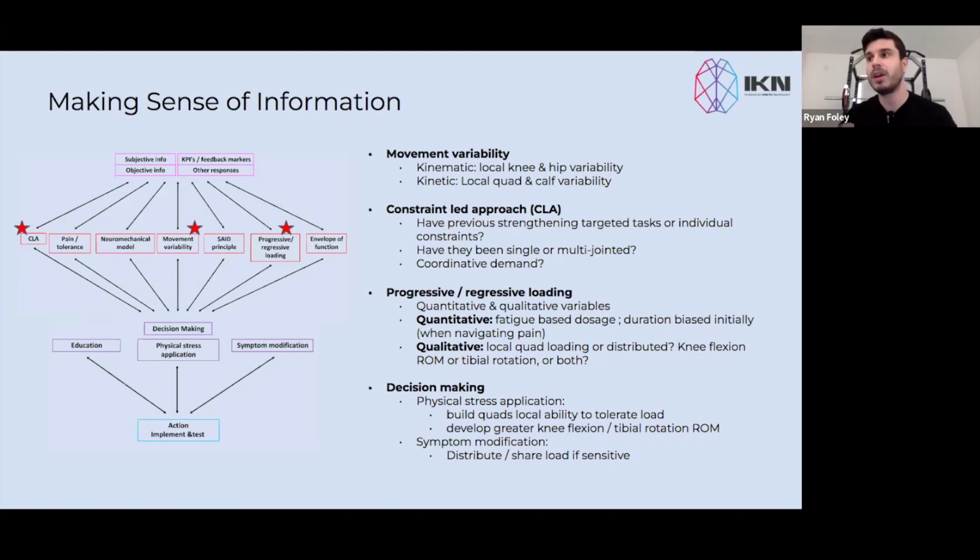Okay, so instead of just labeling something as an exercise like a squat, let's describe muscle and joint behavior as we're applying physical stress to the system. Okay, and that comes from filtering that information through your constraint-led approach, through an understanding of movement variability, through that progressive and regressive loading.